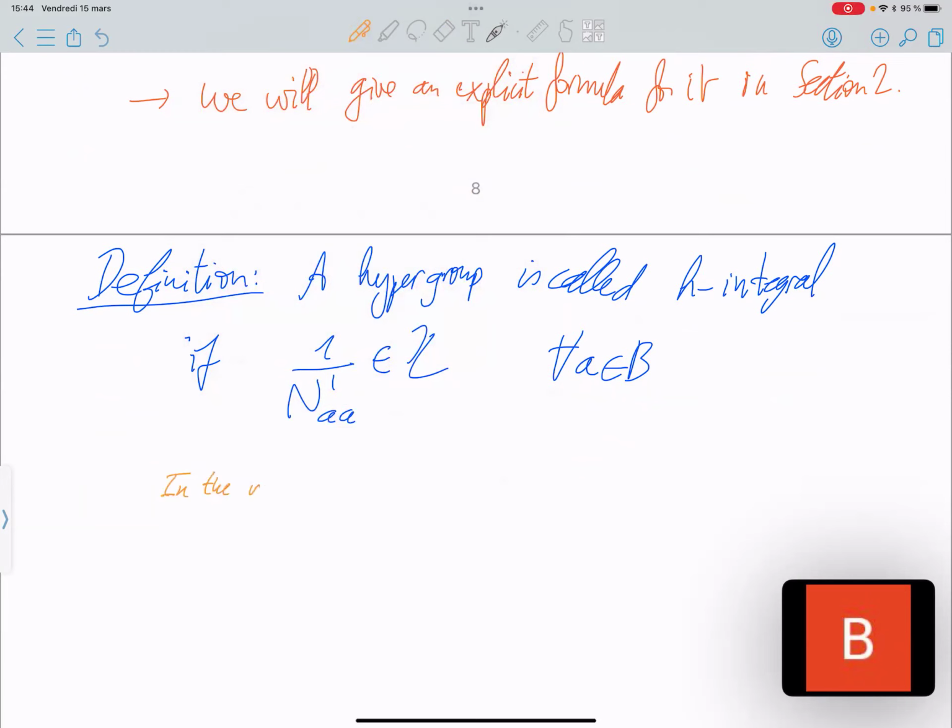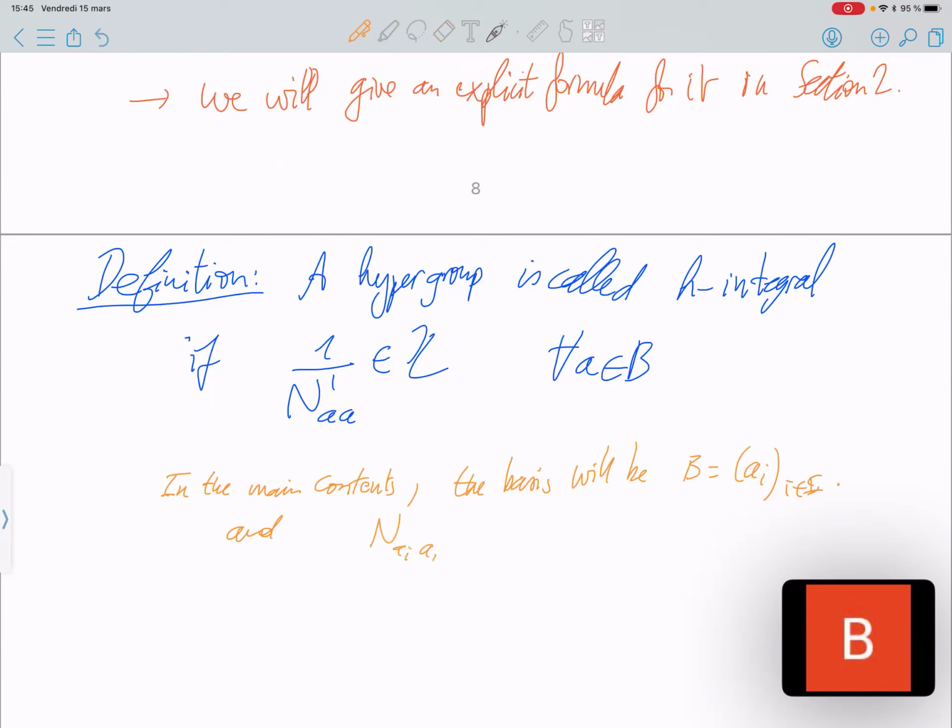In the main content, the basis will be equal to AI, and 1 over n A. So no, like that, in fact.